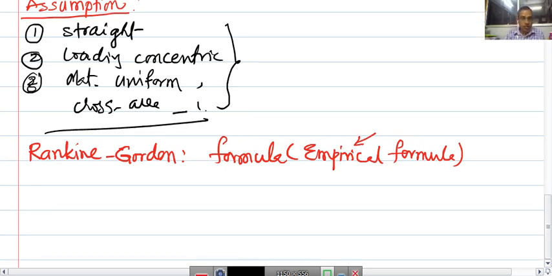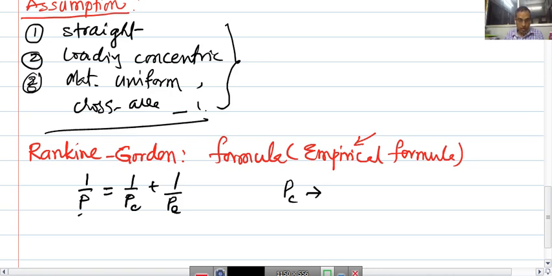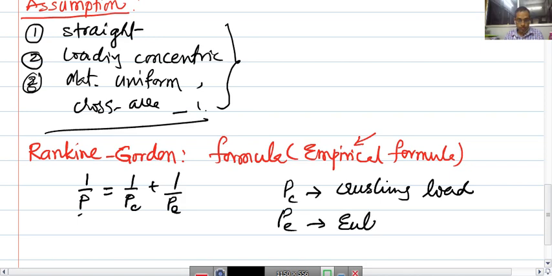Then he said this particular formula is nothing but 1 by P, where P is your actual load carrying capacity, equal to 1 by PC plus 1 by PE. PC is your crushing load, and PE is your Euler buckling load.